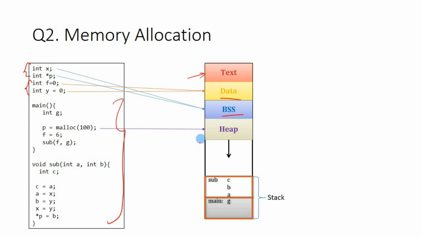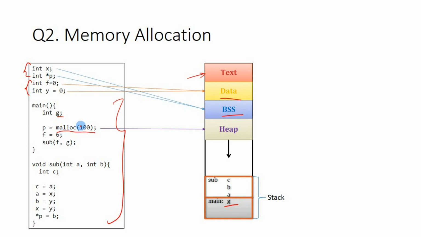Now for the malloc function over here, but before I come to malloc, let's look at g. When I start main, I create a variable g. This is what we call an automatic variable, because it's created when the program starts execution. That variable is created on the stack over here. Then I call malloc.